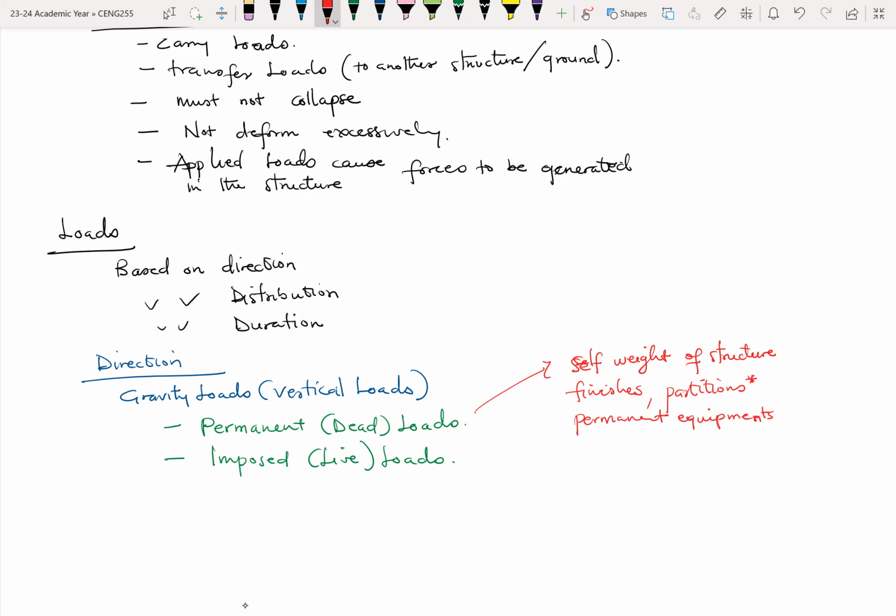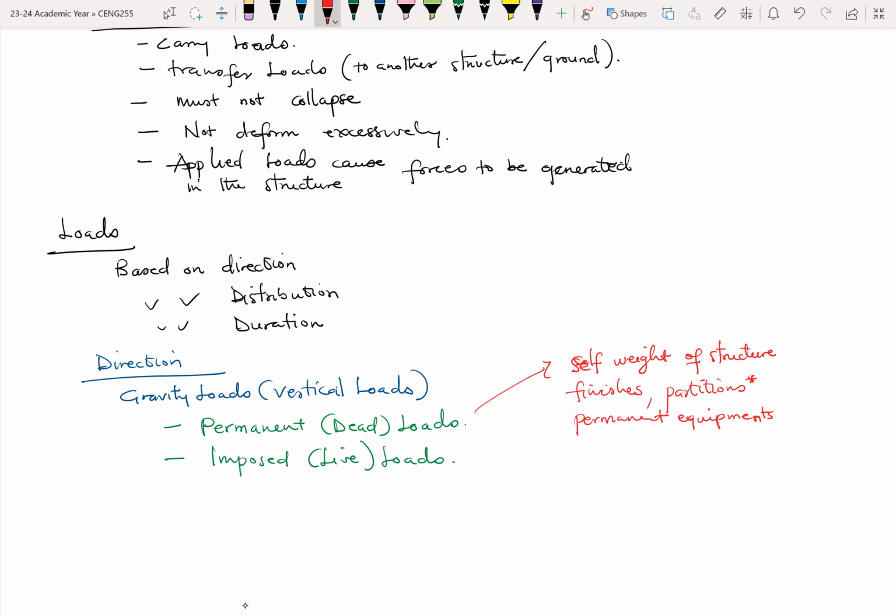You can even find frame systems which are bolted or welded to the floor. A lot of equipment which pretty much are designed to be there with a structure throughout. So these are the permanent loads.